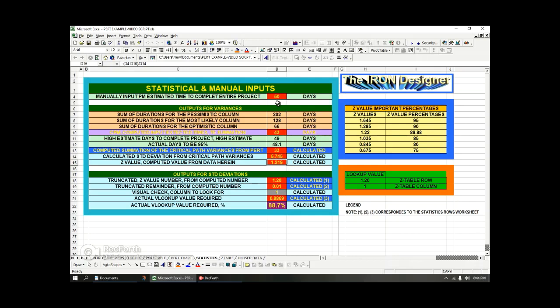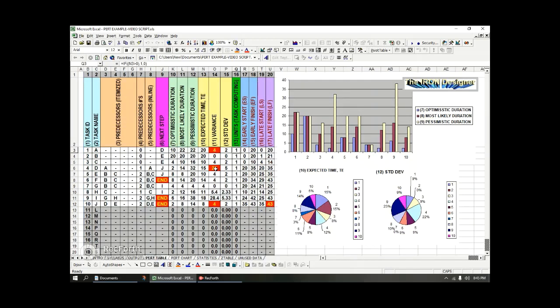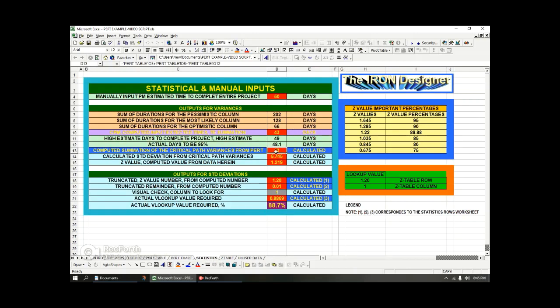So you take the difference of the 50 and the 43 and you divide that by the calculated standard deviation from the critical path variances number. And again, that number is the square root of the computed variance summation. Remember, I need to just remind you, 25 plus 4 is 29 plus 4 is 33. Okay?